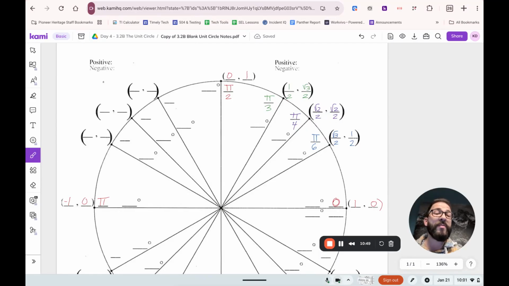But this was 1 pi over 4, 2 pi over 4. So this is 3 pi over 4. Remember our angles that we did last class? We can count it in pieces of pi. And then my point, still root 2 over 2 and root 2 over 2, except in quadrant 2, my x values, just like my point here on the quadrantal, are negative. So this is now negative root 2 over 2, root 2 over 2.